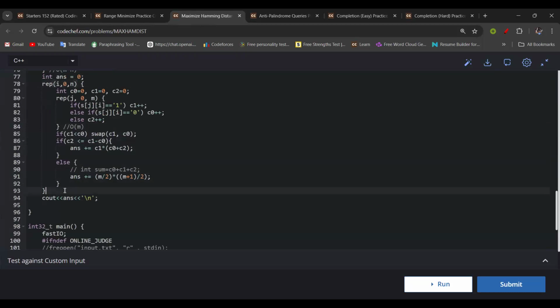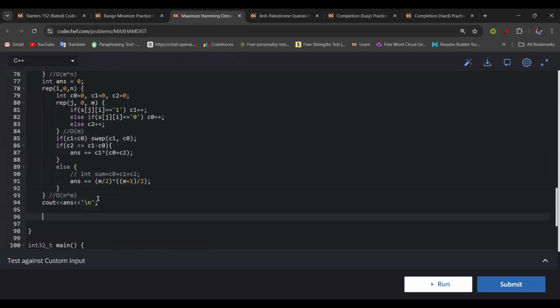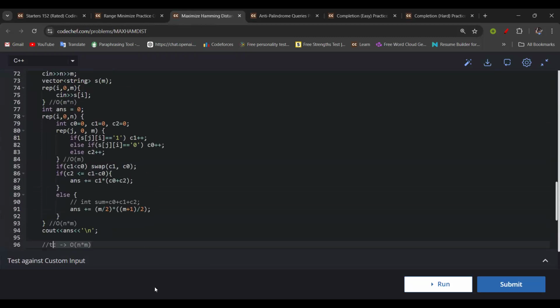So finally my time complexity is going to be O of n into m plus n into m, so O of n into m. This is well accepted. I hope the second problem is clear to you. If there is any doubt, you can ask.